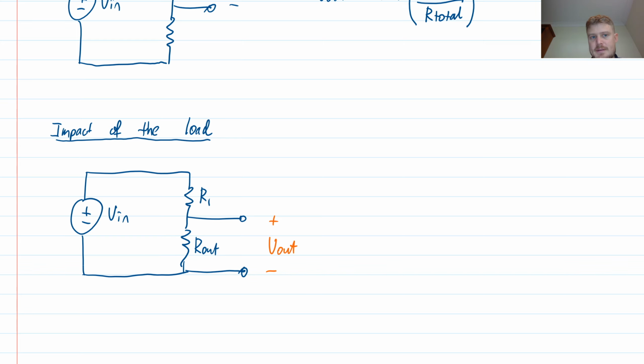Let's suppose that I have simplified the circuit I connect it to into a single resistor. It was a big network of things, series, parallel, whatever, and I've combined them into an equivalent resistance R load. So this is what a voltage divider circuit might look like when I'm actually using it.